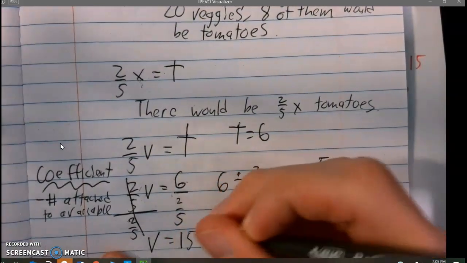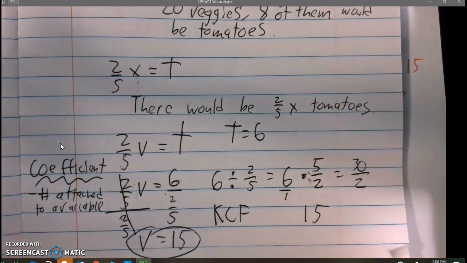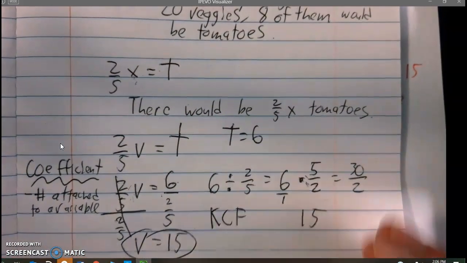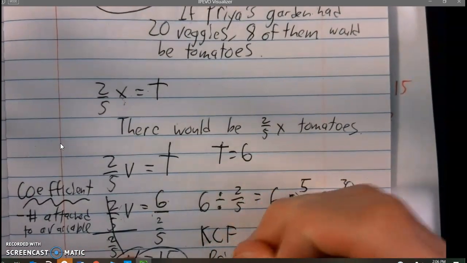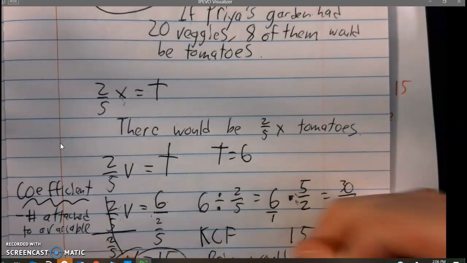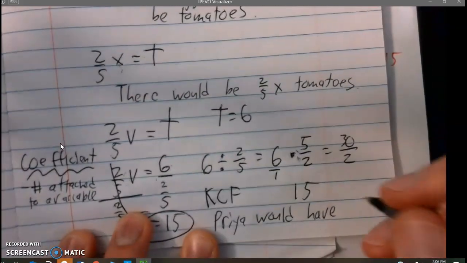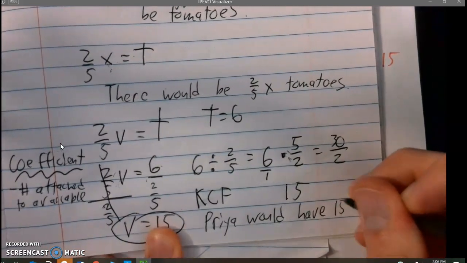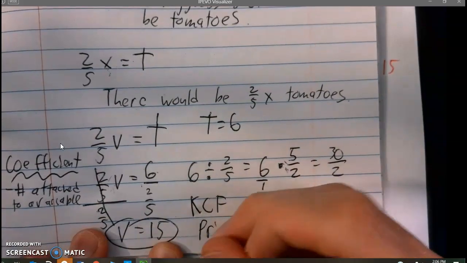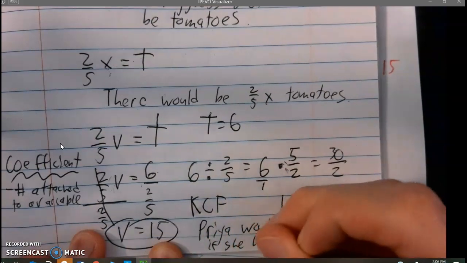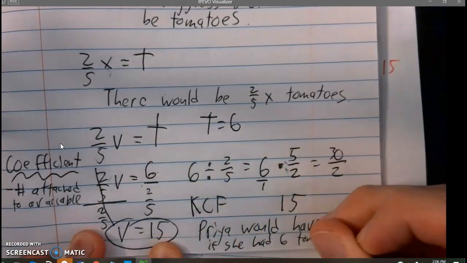So that would mean V equals 15. So that would mean in this situation, Priya would have 15 veggies if she had 6 tomatoes.